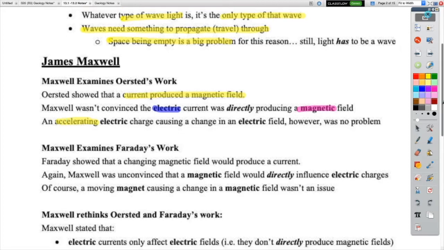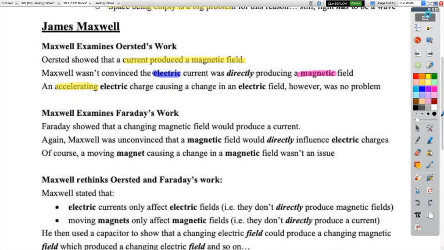So we're going to build up. Now he looks at Faraday's work. So remember Faraday's law showed that a changing magnetic field would produce a current or a changing electric charge. Okay, but again, Maxwell kind of said, well, magnetic field, electric charge, why are they affecting each other, right?